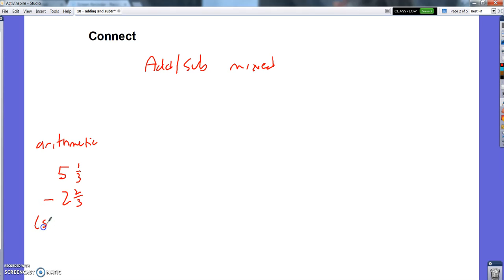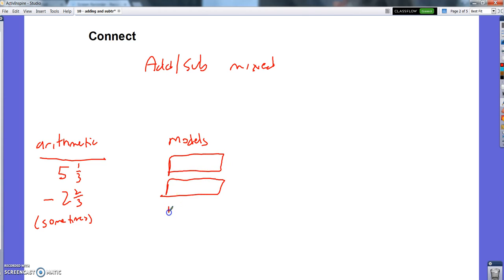So sometimes this one works, not always. But either way, we could always fall back on models, where we actually drew the fraction bars and added or subtracted them. And we also had number line strategies either way. And hopefully at least one, even better if it's more than one of these.